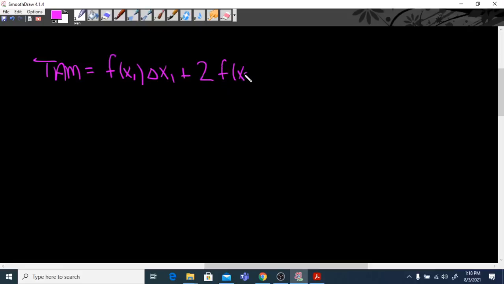So 2 f of x2 delta x2 plus 2 f of x3 delta x3, plus dot dot dot, and then plus 2f, and the 2 stops at n minus 1.